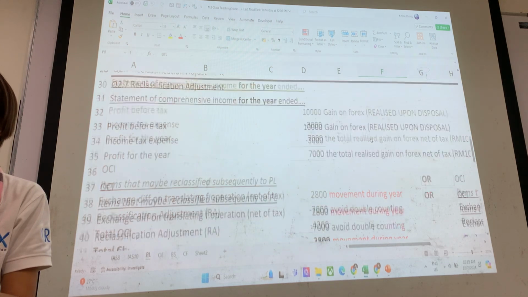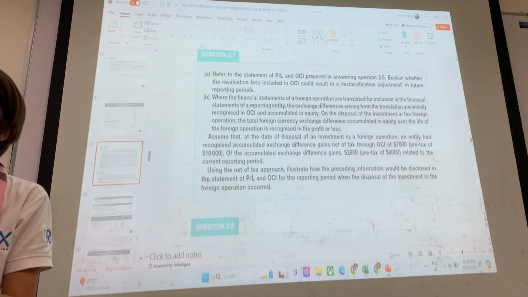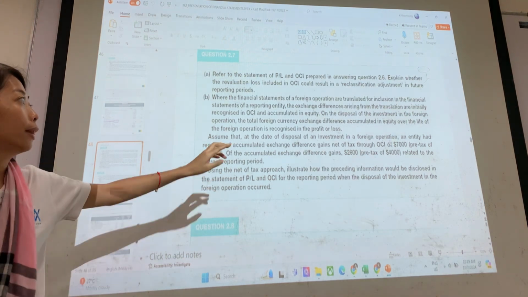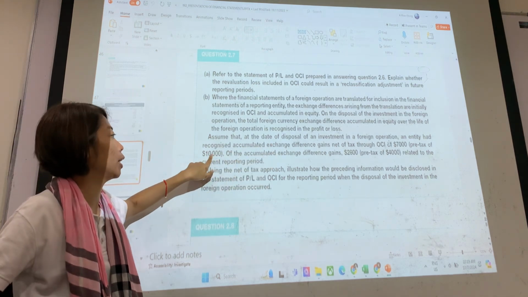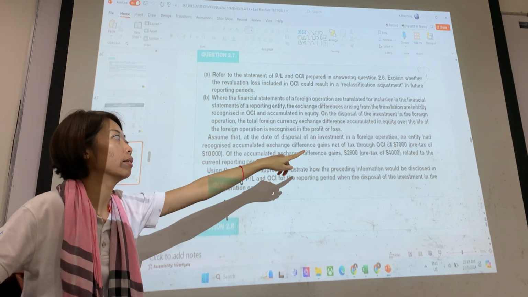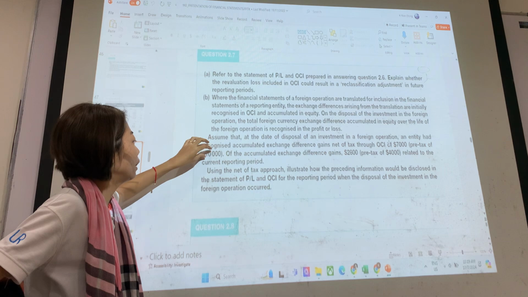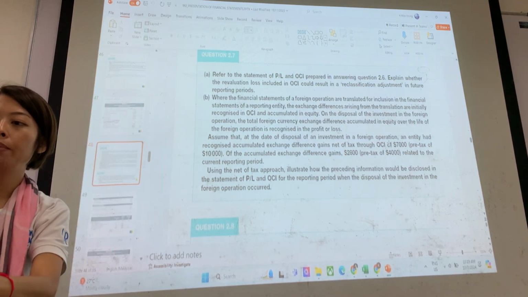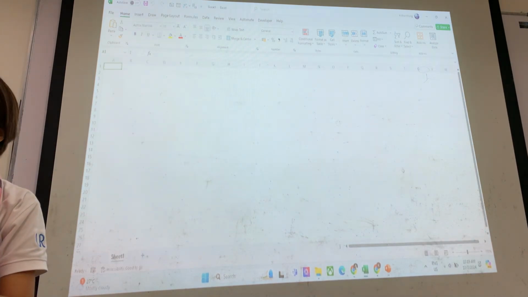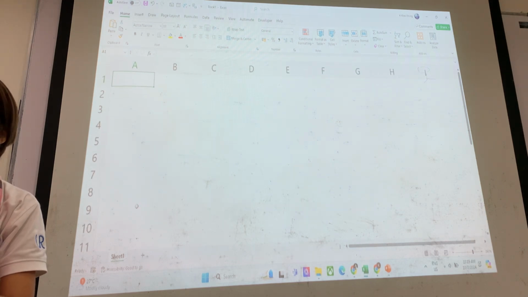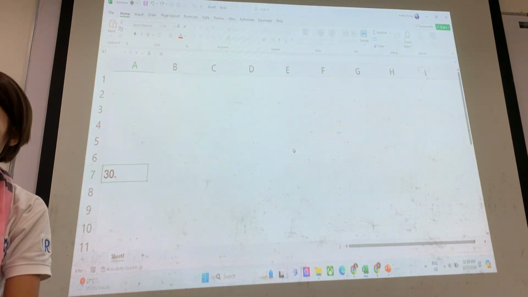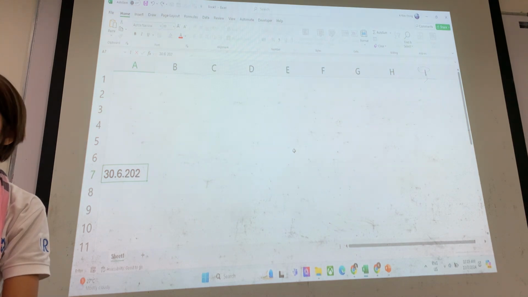What should I do? Let me think. Okay, now you think slowly. My carry down before I dispose, I have a total of 10,000 foreign exchange gain. But tax is 3,000, that's why 7,000. So maybe we plug in the date so that we are not so confused. Let's say our year end is 30th of June 2023.